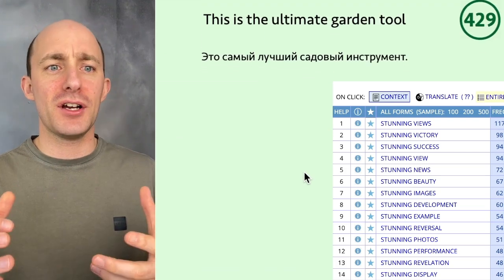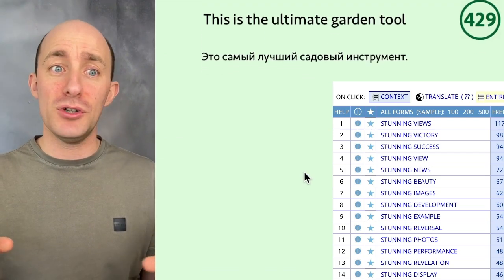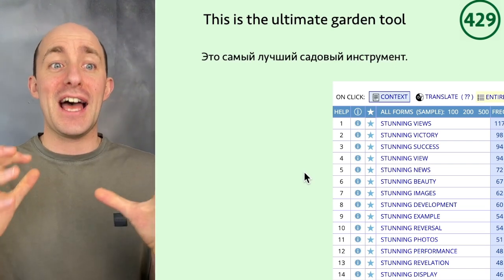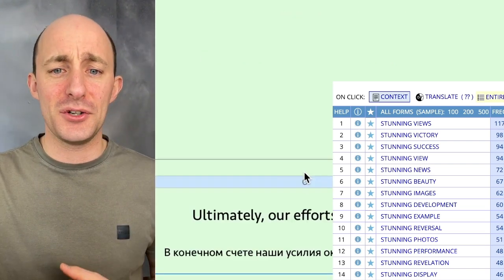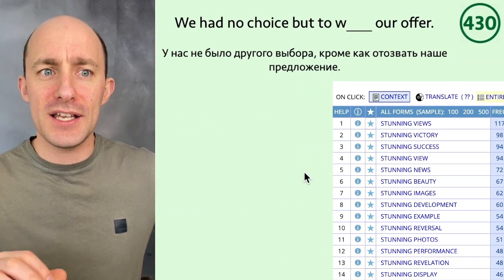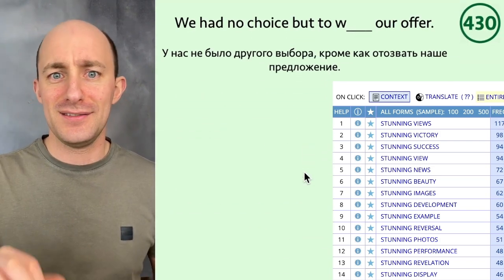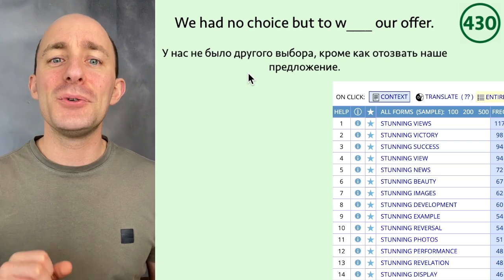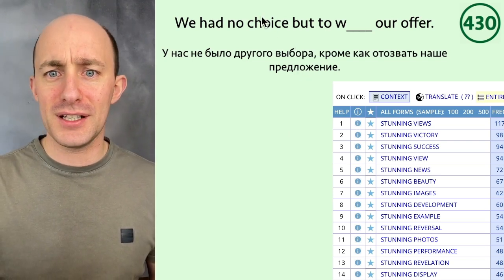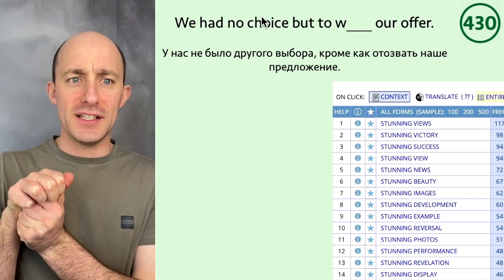And I think if it's the ultimate garden tool, you don't need to make any more garden tools because this is the ultimate one, the last that needs to be made because it's so good. Ultimate. Okay, the last word in this part of the lesson. La última. У нас не было другого выбора, кроме как отозвать наше предложение. Отозвать.